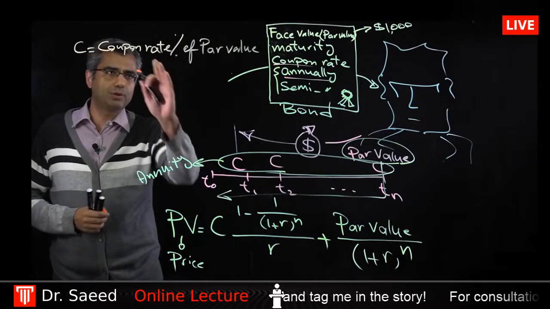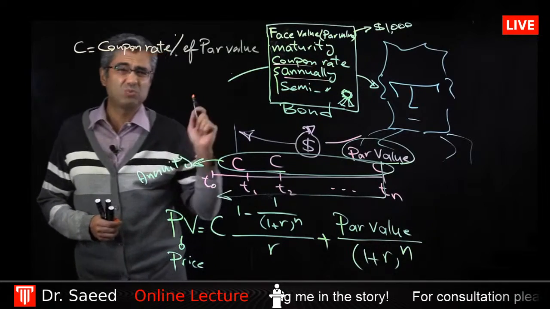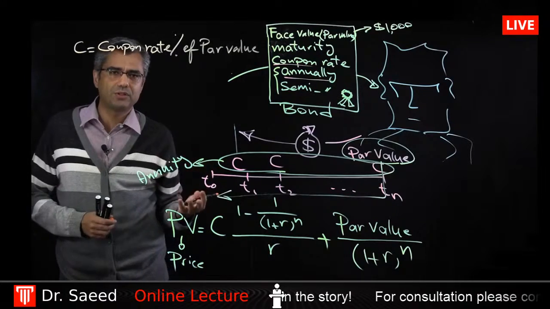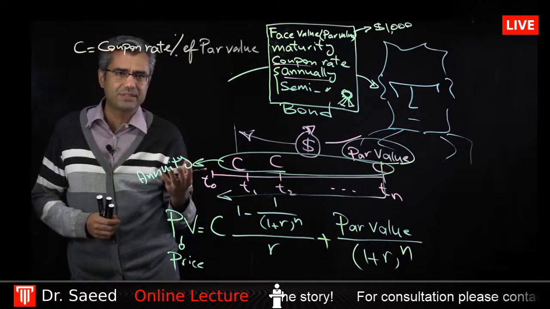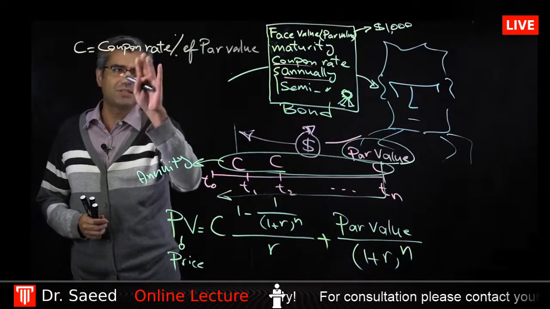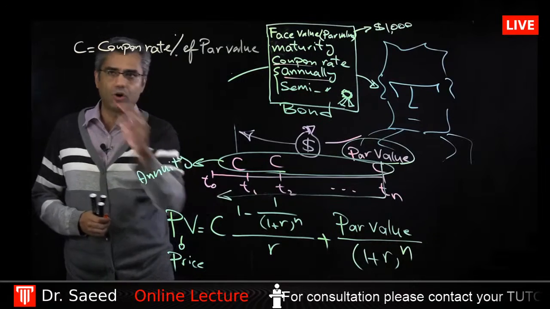Par value for corporate bonds is usually $1,000. So it's the coupon rate percentage of $1,000. So if the coupon rate is 5%, then 5% of $1,000 is $50. If it's 6%, 6% of $1,000 is $60. This is C, right?